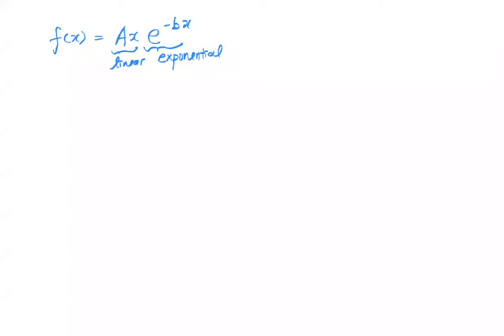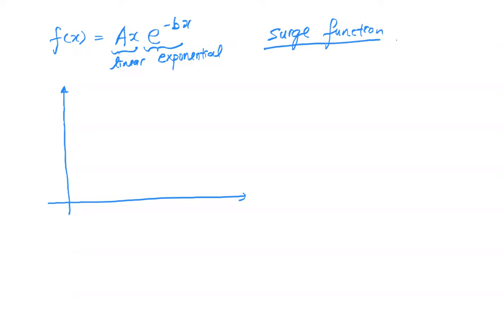So if you have a function like this, the shape of the curve, you know it will be this shape. We call this a search function. If you want to study the characteristic of this special function, you can go to YouTube, you just key in search function, they will come up with all sorts of application for you.